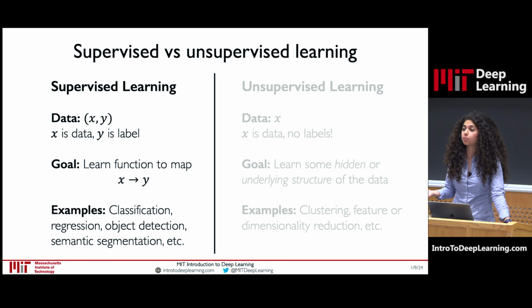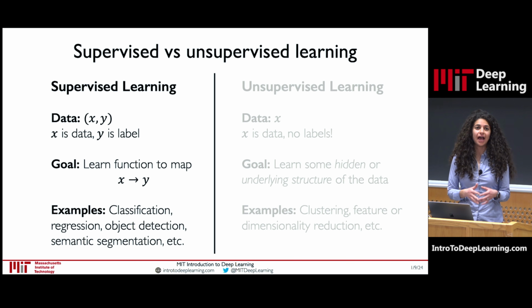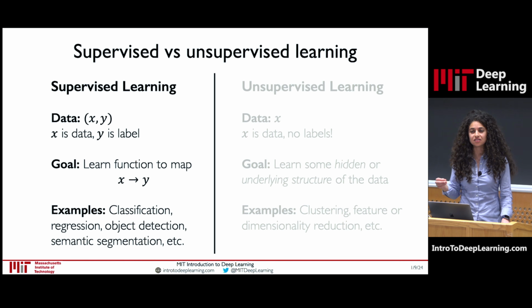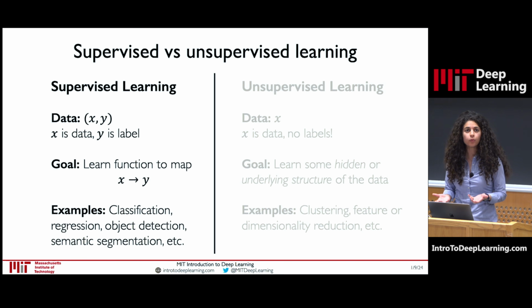They perform supervised learning, meaning that we have data in the form of instances like images or sequences, and each of those instances is associated with a label, something that we're trying to learn, a mapping between that data and that label. The goal with supervised deep learning models is to learn a neural network that maps that function. This can be used for classification, regression, segmentation, and so on.